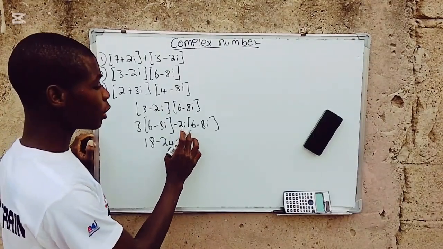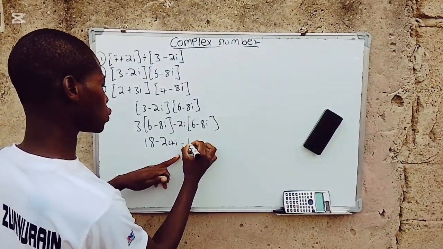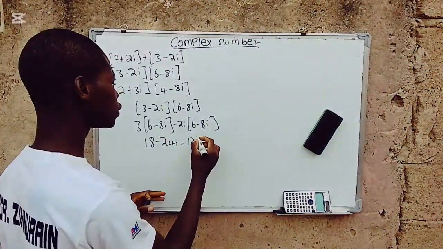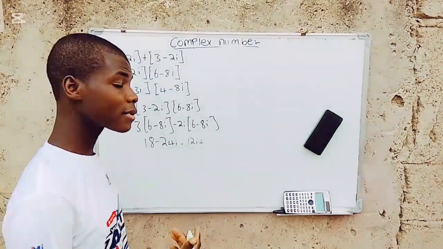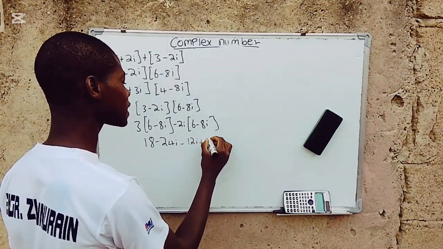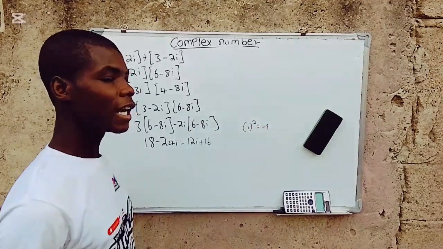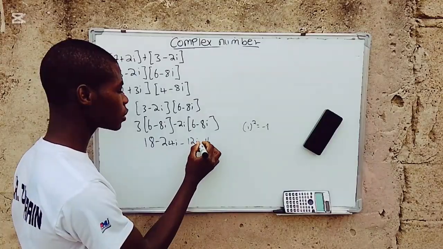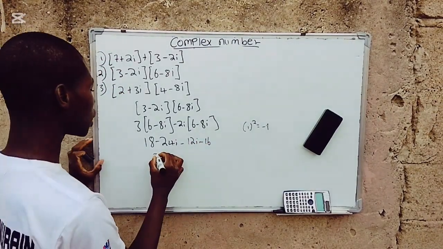Then 2i multiplied by 6 gives 12i, and minus 2i multiplied by minus 8i gives 16i squared. I told you i squared is the same thing as negative 1. If I multiply negative 1 by positive 16, I end up with negative 16, so 18 minus 16 becomes 2.